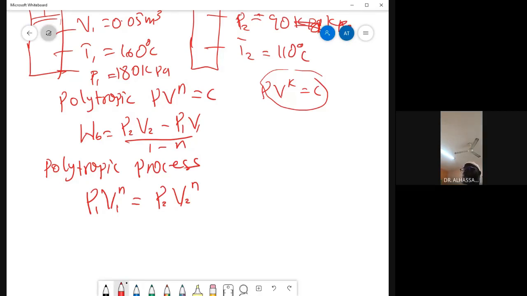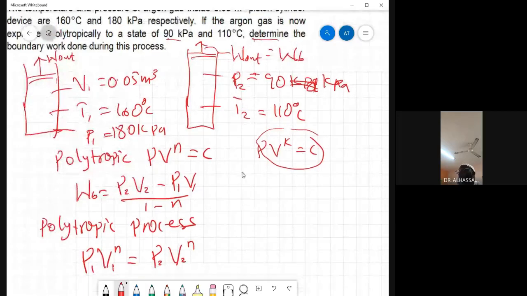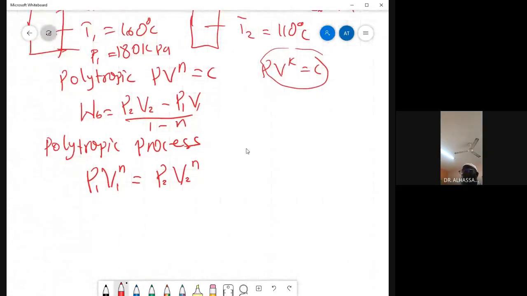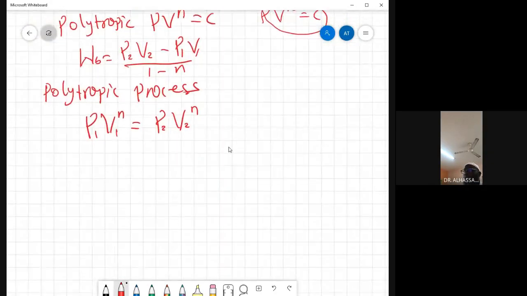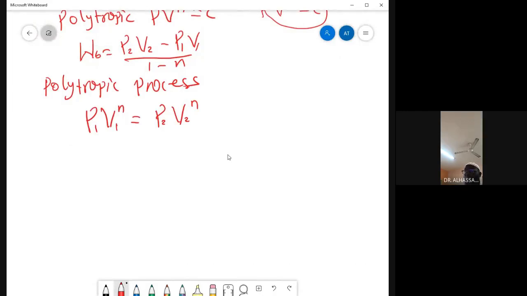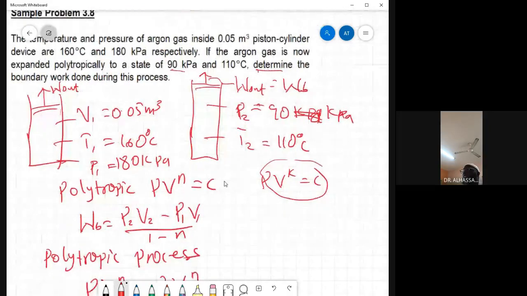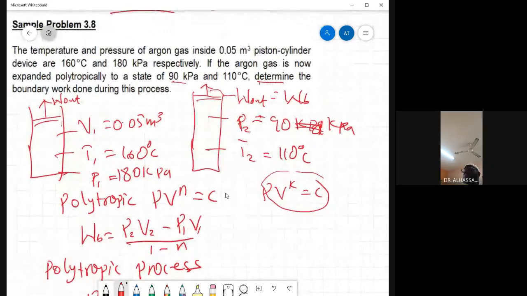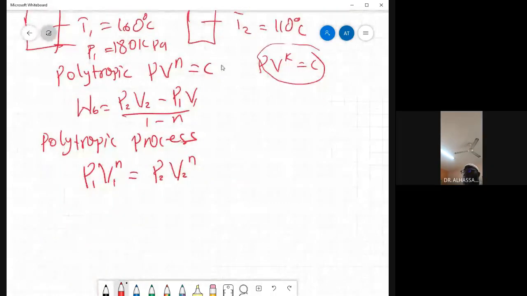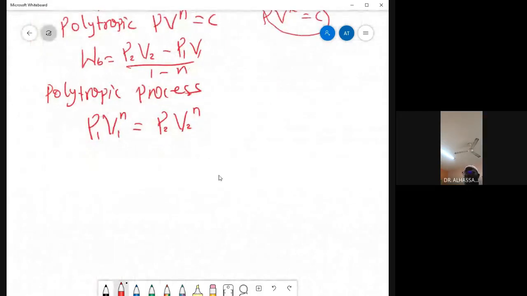Here V2, let us first find, and we don't know the value for n either. Yes, the value for n is not given. So we have to first of all find the value for V2.